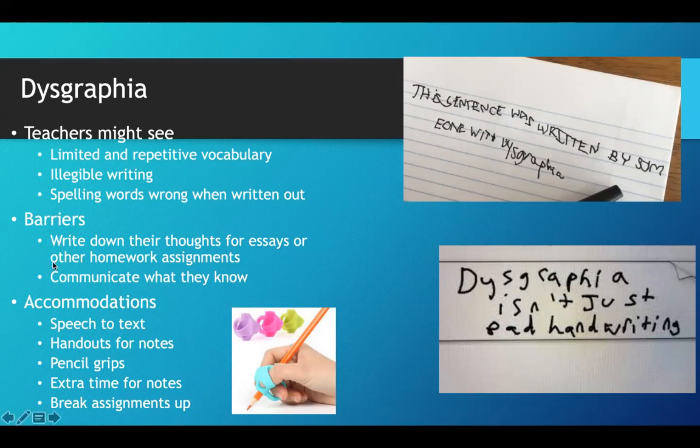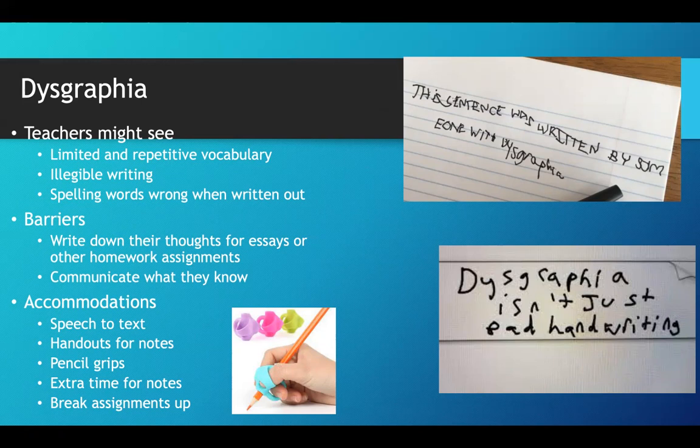Some barriers is they can't write down their thoughts for essays or homework assignments, which makes them not be able to communicate what they know. As teachers, we use writing so much, even if it's not really a writing assignment. So this will put up a barrier of we don't know what the student actually knows.